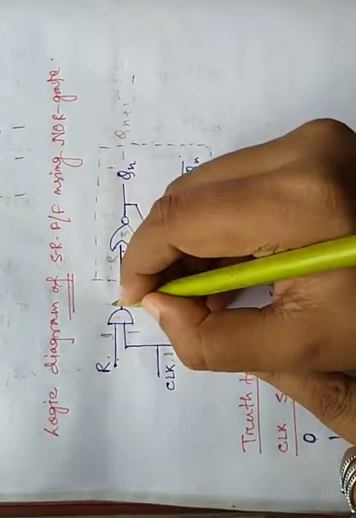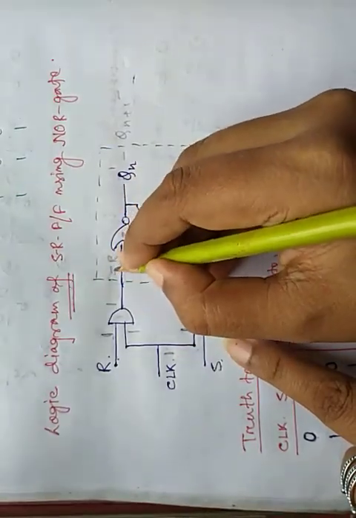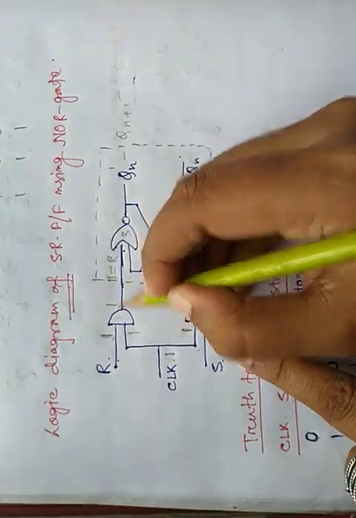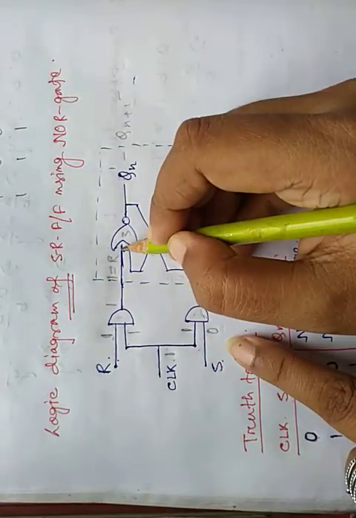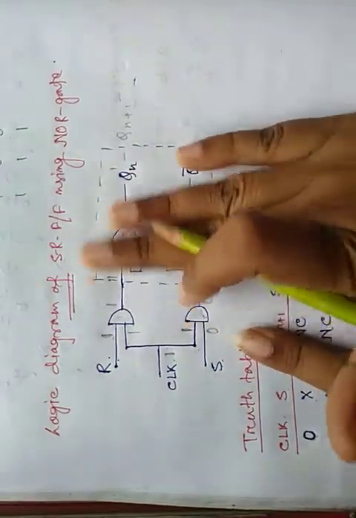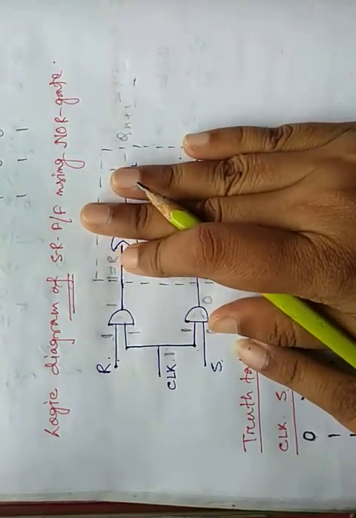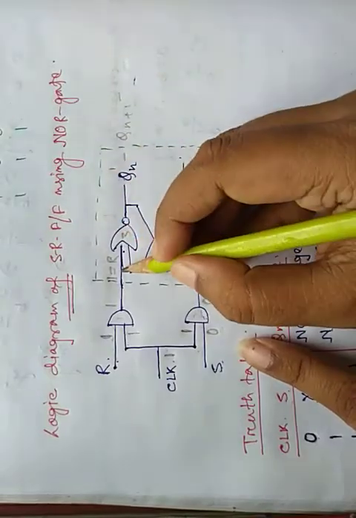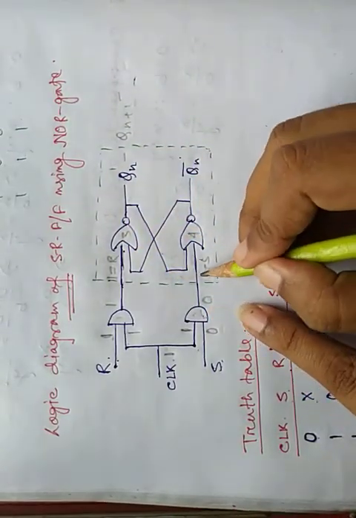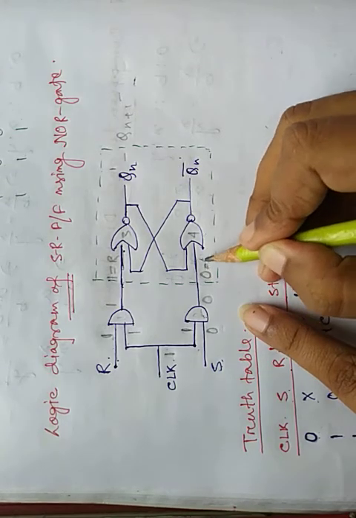Both are 1, output is 1. So now R is 1, as this output is fed as R in the latch, because this is totally the circuit diagram of SR latch. So we can consider the upper gate as R and the lower gate as S. So this 0 feeds as S equals 0.